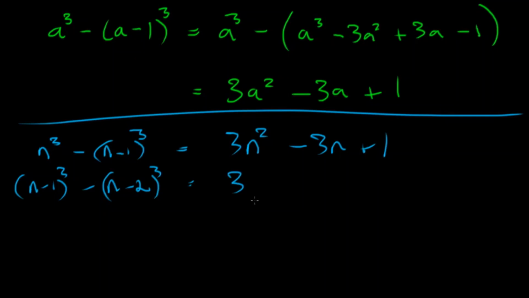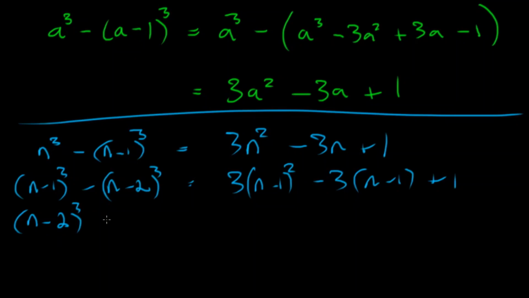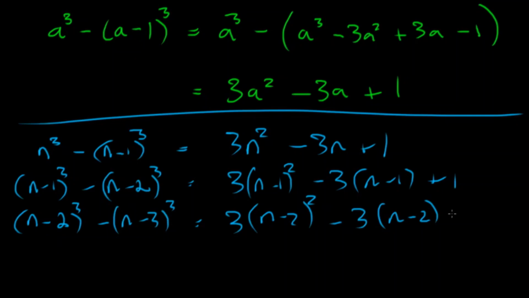That's just going to be 3 times n minus 1 squared minus 3 times n minus 1 plus 1. And let's go ahead and do the next one. n minus 2 cubed minus n minus 3 cubed. That's going to be 3 times n minus 2 squared minus 3 times n minus 2 plus 1.